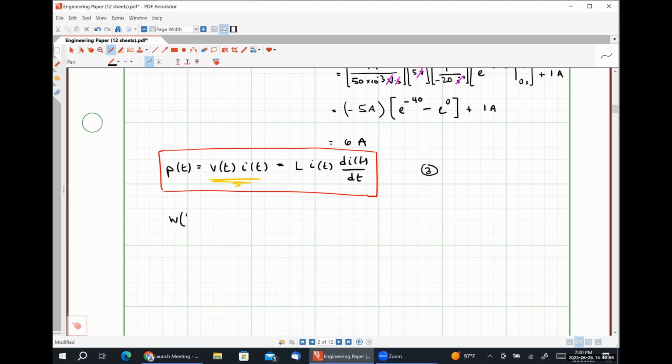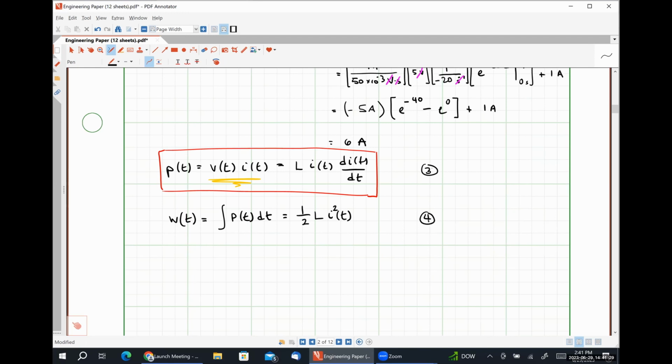The energy stored by an inductor will by definition be the integral of the power absorbed by the inductor. And this is going to come out to be 1/2 L times our inductor current squared.